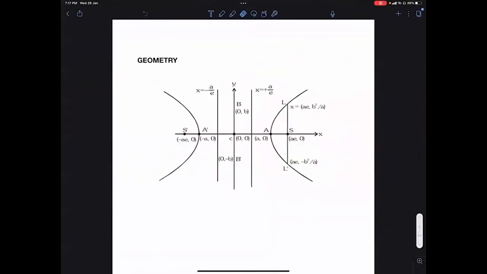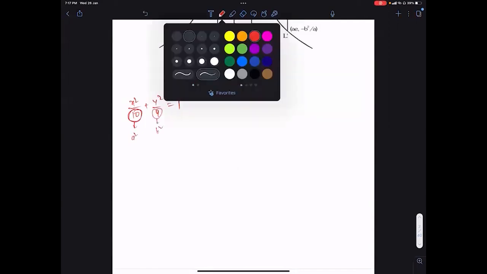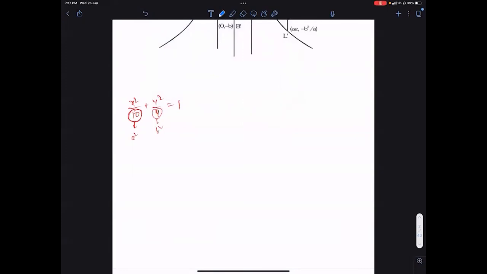If you are confused about what is a and what is b in a hyperbola, because in an ellipse it is very straightforward, right? For example, if you have x square by 10 plus y square by 9 equals 1, whichever is larger, that is a square. Whichever is smaller, that is b square in an ellipse. But in a hyperbola it's not like that.